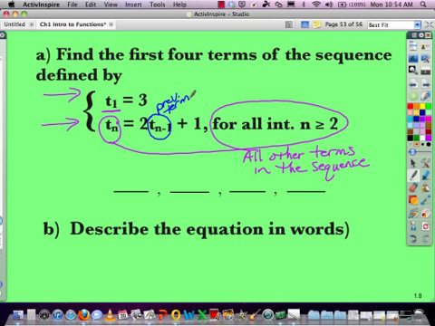describing the equation in words would be, my first term in my sequence is 3. All other terms in the sequence will be equal to 2 times the previous term plus 1.